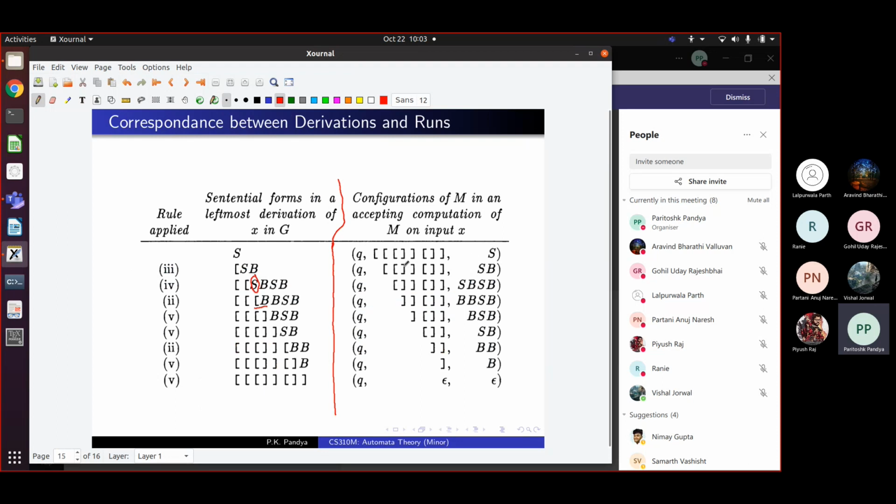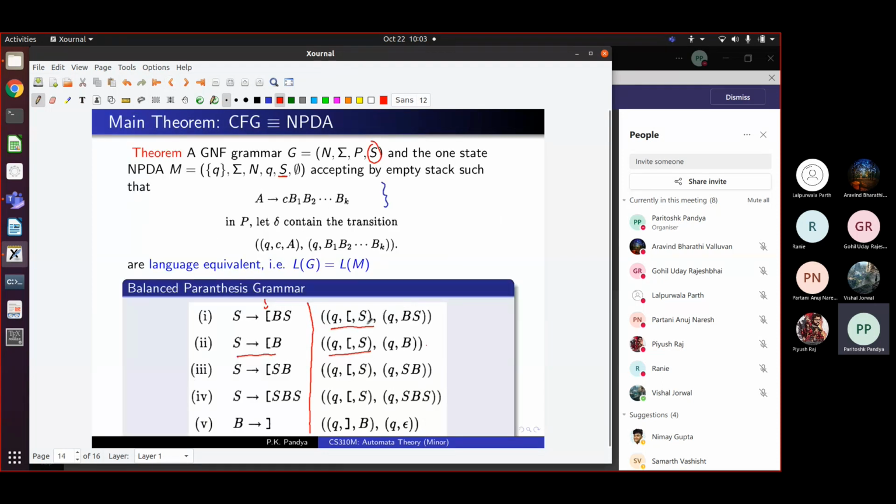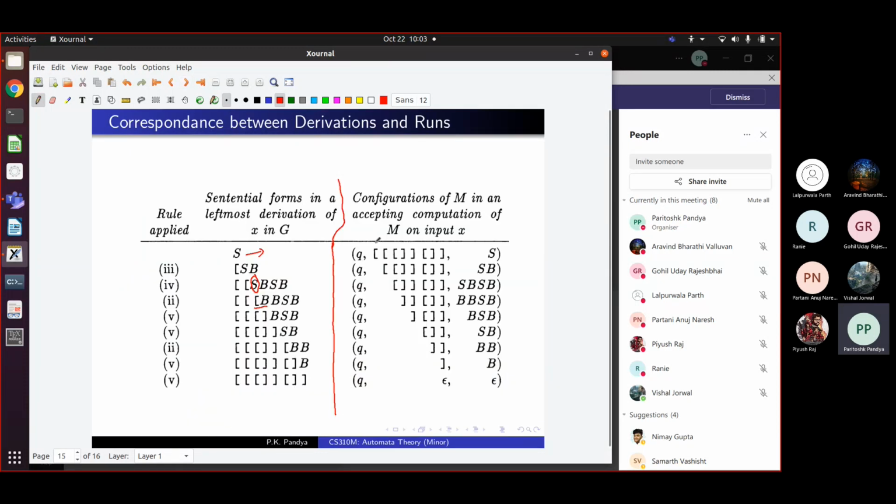Now what do I do? Since I had a production S goes to left bracket SB, I had added a rule which looks like this. On seeing a left bracket, I can replace S by SB, right? So on seeing the left bracket, I consume that left bracket and I replace this S by SB.